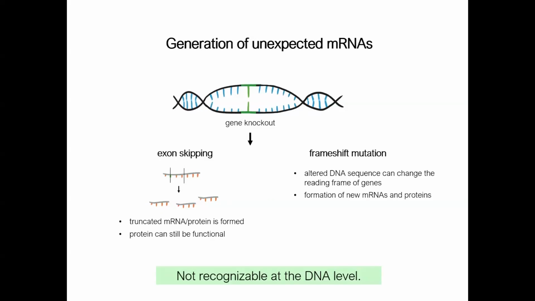Such unintended effects are often not recognized at the DNA level. Such errors could be important, as changes in protein composition is an important consideration for environmental and food safety. For example, allergens are proteins that can cause an immune response in the consumer.